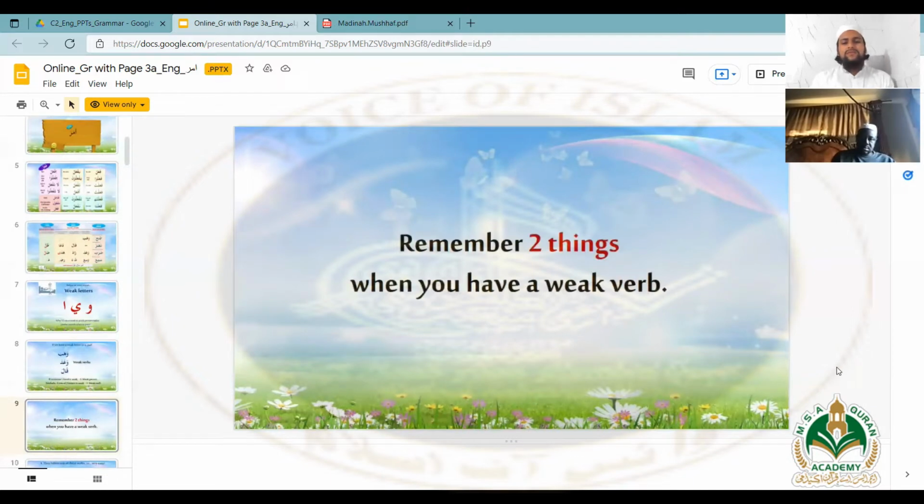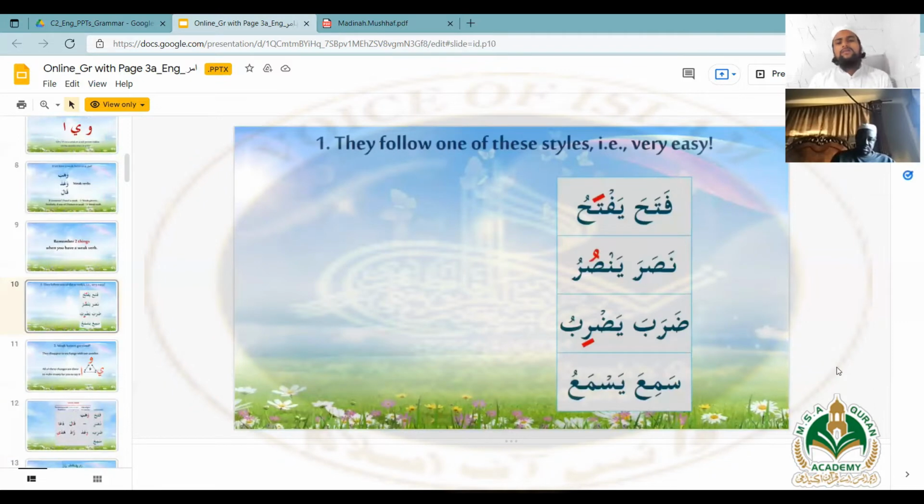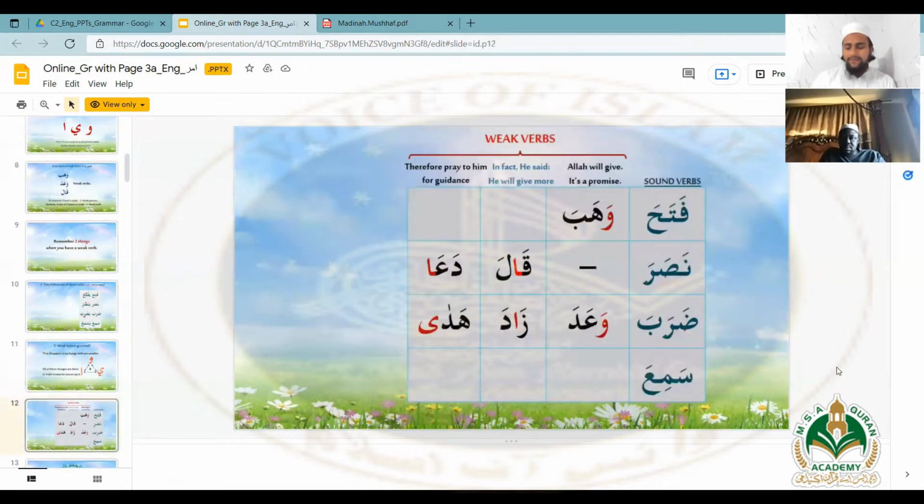Remember 2 things when you have a weak verb, alhamdulillah. They follow one of these styles. Very easy. Fataha, yaftahu, nasara, yansuru, daraba, yadribu, sami'a, yasma'u. And they disappear or exchange with one another. All of these changes are there to make it easy for you to say.